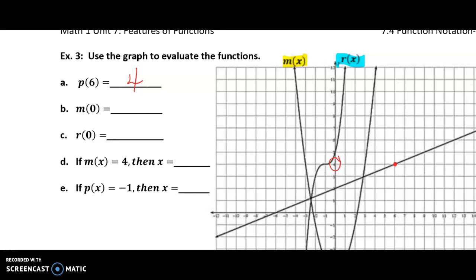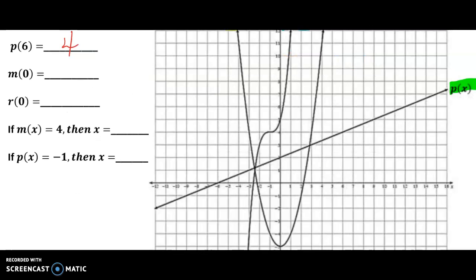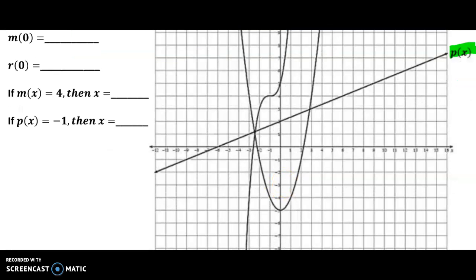Now let's move on to b. M of 0 equals. M of 0 means that we first look at our input value of 0. That means we're right here on the x-axis at 0. Then we make our way towards the m of x function. I'm not going to move up, because if I move up, I'm not going to hit that graph.